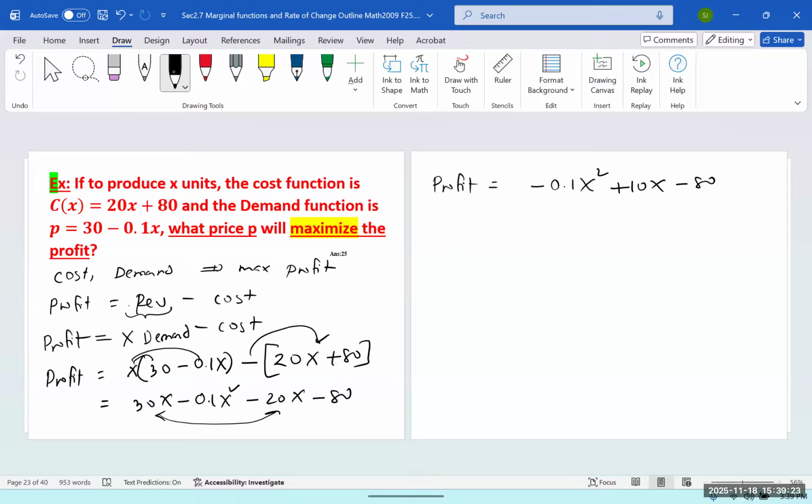But they want us to maximize the profit. How do you maximize profit? We can take the derivative and set it equal to 0. The derivative of profit, in other words profit prime.